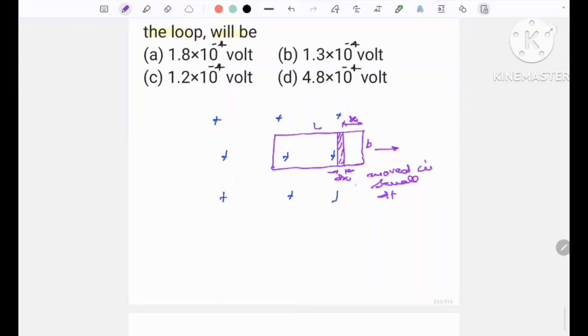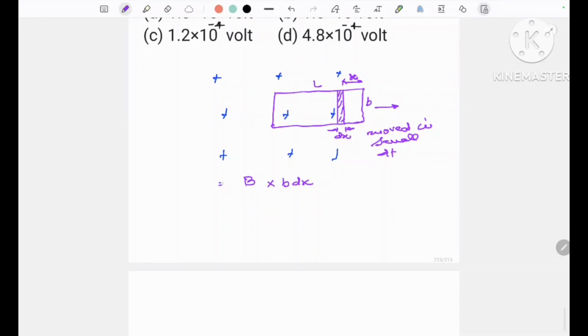dt टाइम में जो फ्लक्स चेंज होगा that will be b into dx into capital B. This is phi, या इसको हम d phi लिख दें.